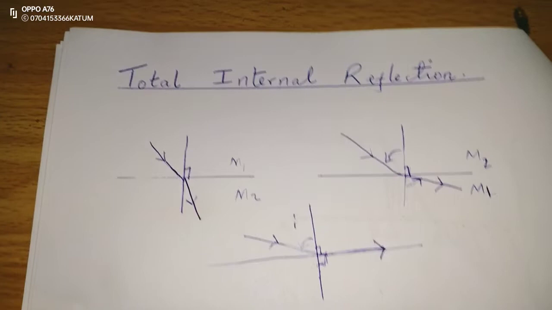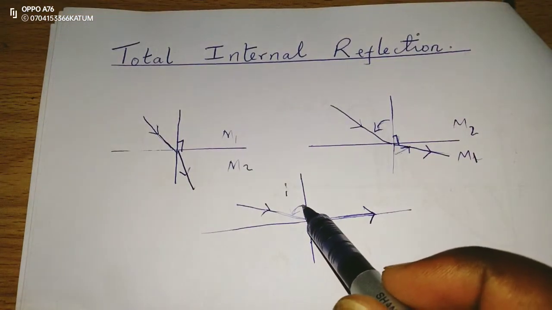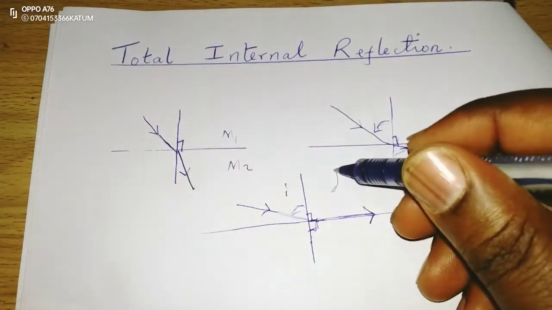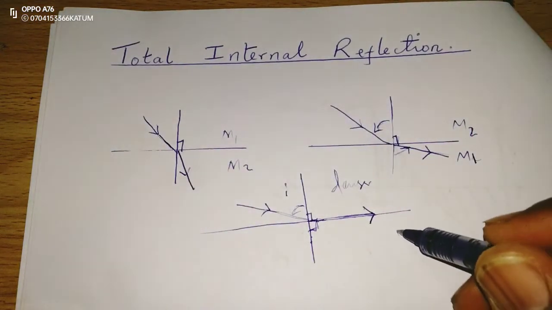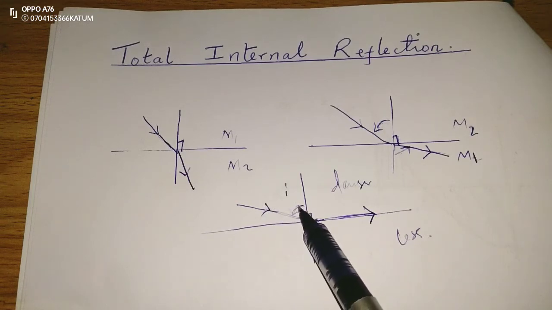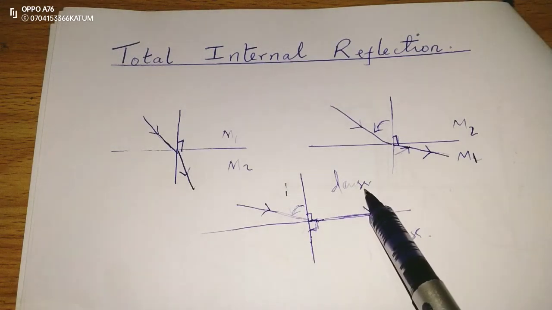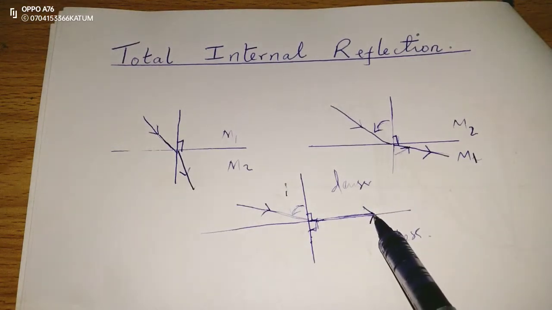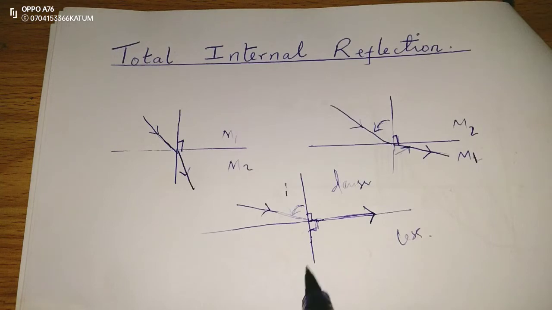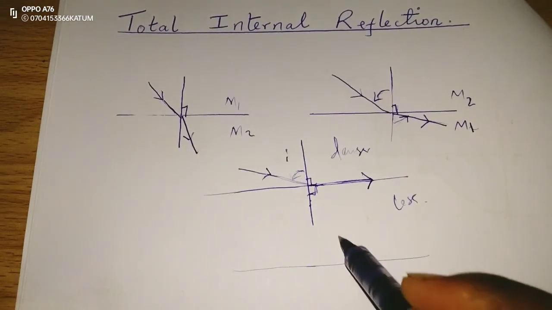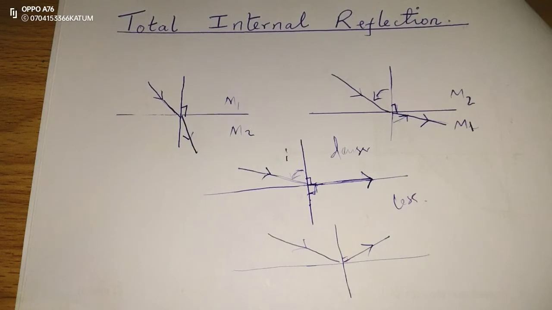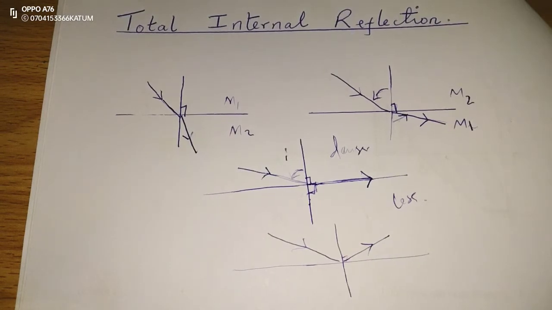So upon such a scenario, any further increment of the angle of incidence in the denser medium, because we said this one is the denser, this one is the less dense, will lead to the ray now getting reflected back, bouncing back in the same medium, such that on reaching the interface, the ray bounces back to the medium where it was, and it doesn't penetrate the second medium.